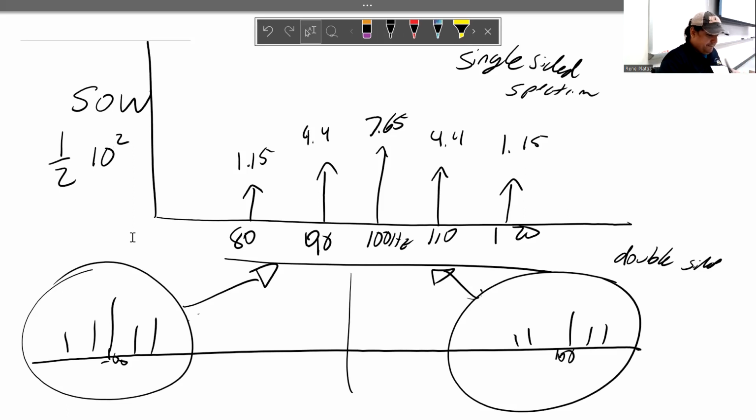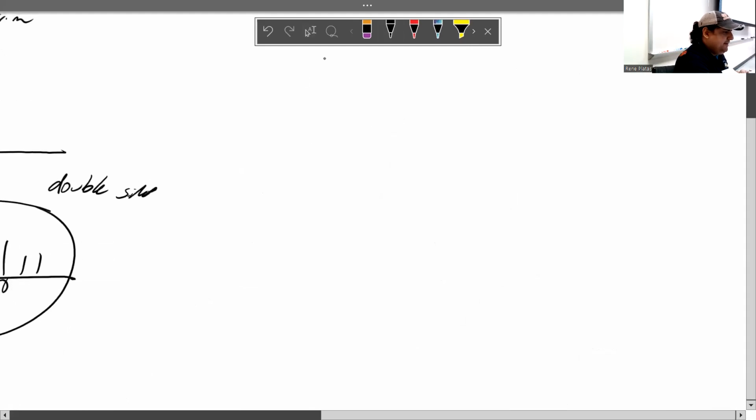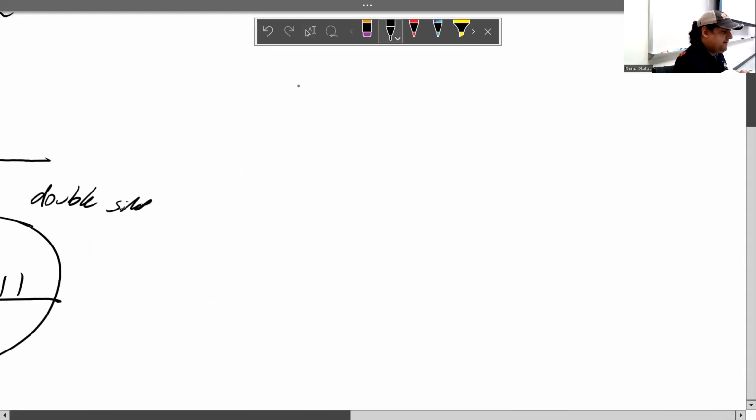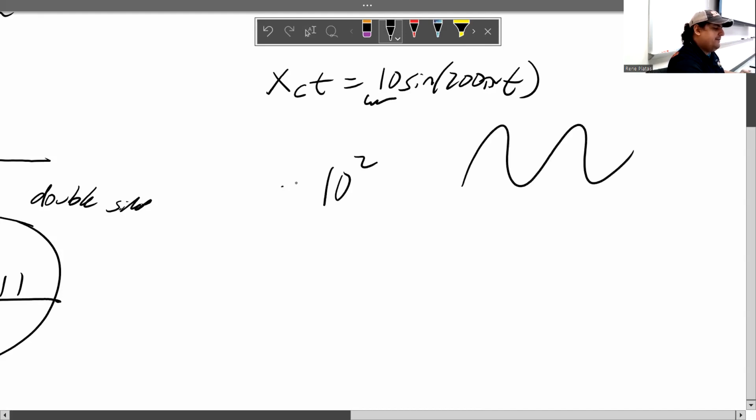If you remember XCT, the problem was given as 10 sine of 200 pi t. If you look at this amplitude right here and you square it, because it's a sinusoidal, it gets only 1/2. That's where you get 50 watts from.